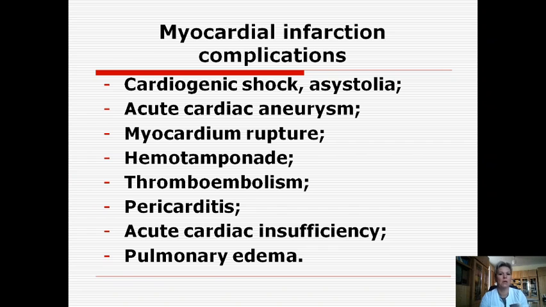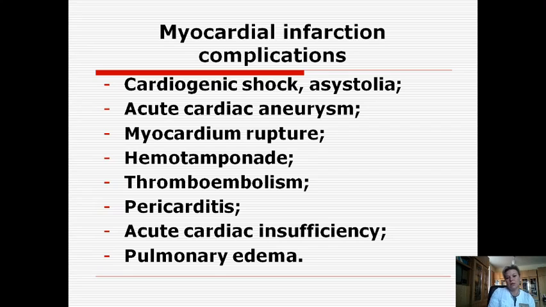Which complications due to myocardial infarction can you see? Cardiogenic shock and asystole, acute heart aneurysm formation with rupture, myocardium rupture, and hemopericardial tamponade. This is an absolutely lethal situation.